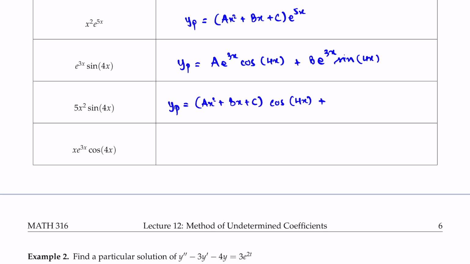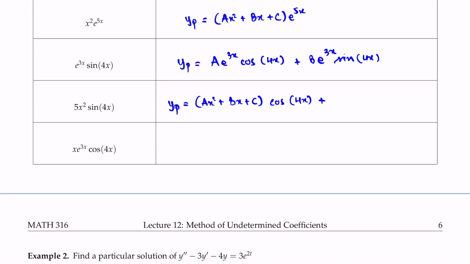And we're going to have something similar to this, but multiplied with sine of 4x. So this is dx squared plus ex plus f times sine of 4x. Here a, b, c, d, e, f are constants or undetermined coefficients.